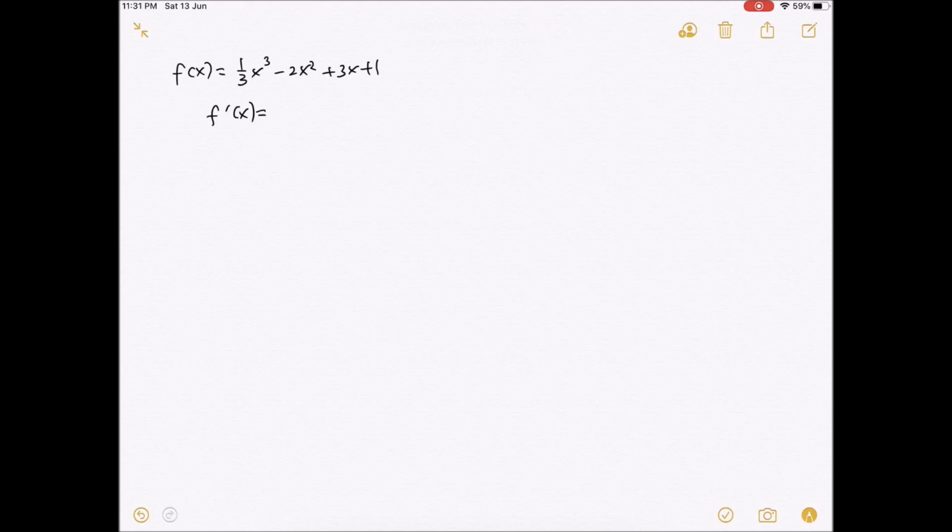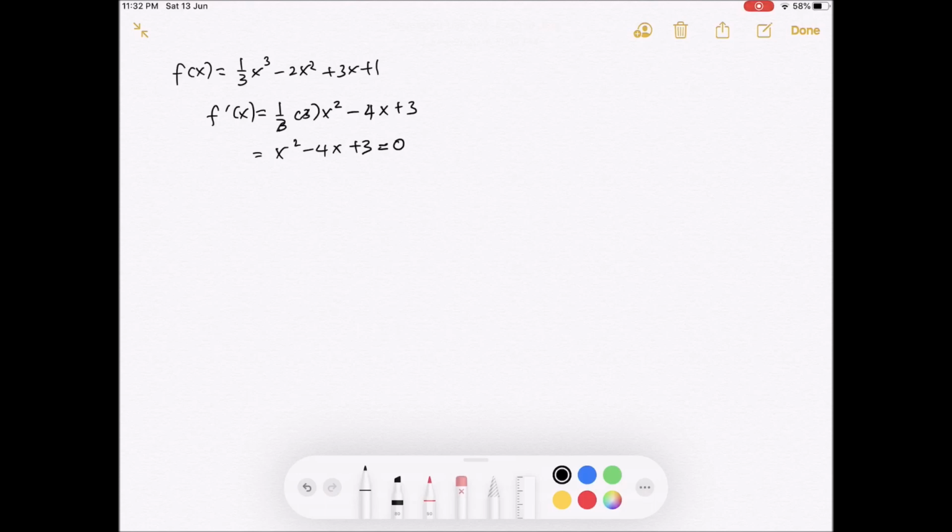So f prime x is equal to x squared minus 4x plus 3. Then we must equate our equation to 0. Obviously this is a quadratic function. To factorize this equation, we have (x minus 3)(x minus 1) equals 0, in which we have x equals 3 and x equals 1.